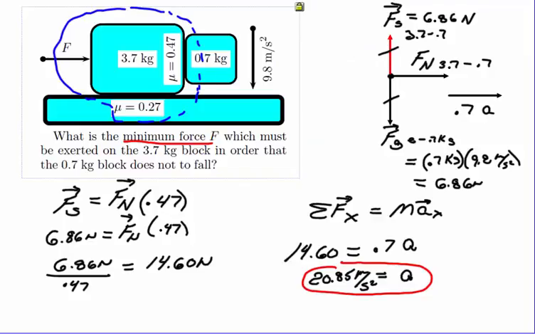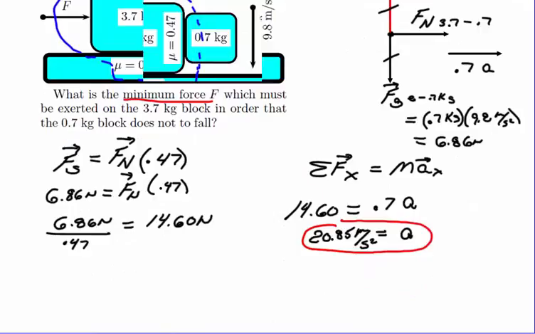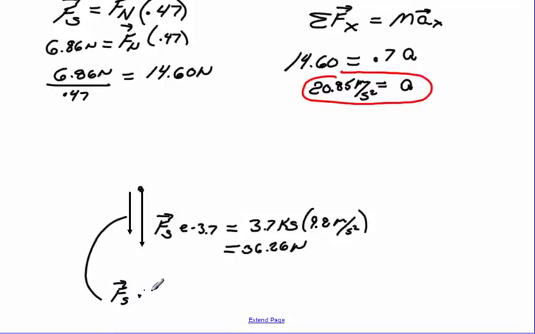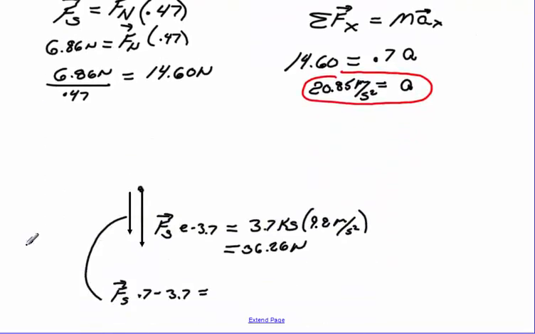If it goes up here, then it must come down here. So this guy here is going to be the static friction of the 0.7 onto the 3.7, and that's going to be equal to what we said was 6.86 newtons.